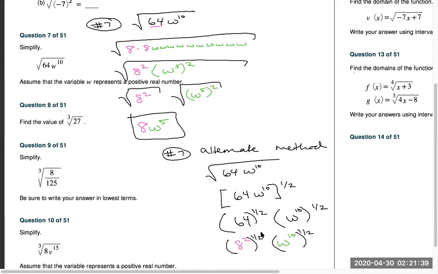So remember, you would multiply exponents. 2 times 1/2 is 1. So you get 8. And then 10 times 1/2 is 5. So you wind up getting the same thing.